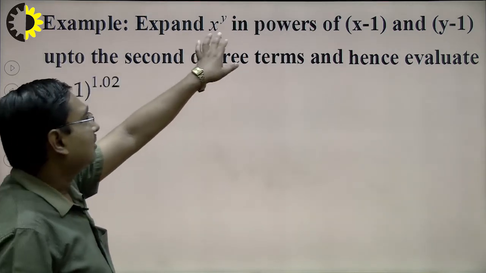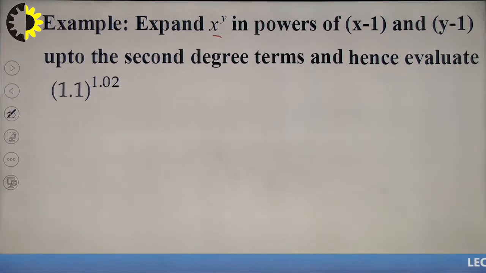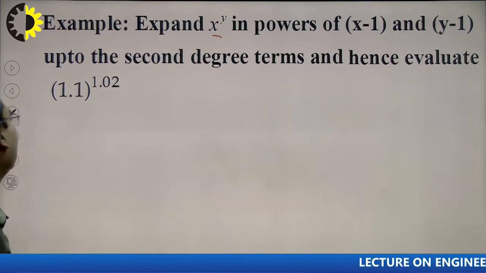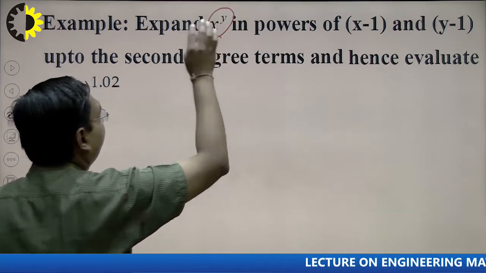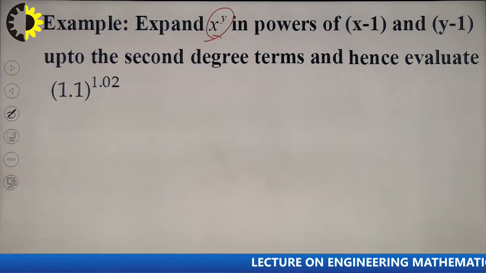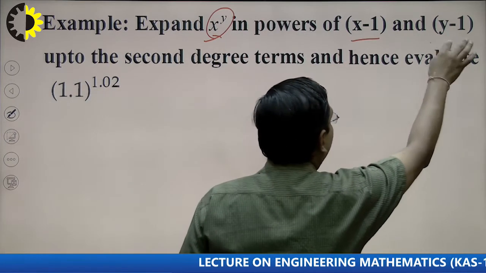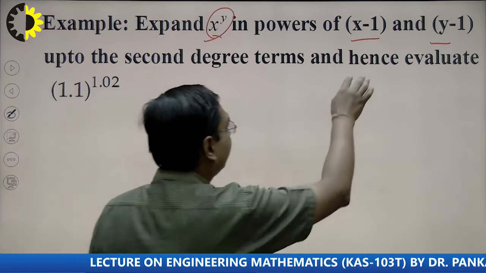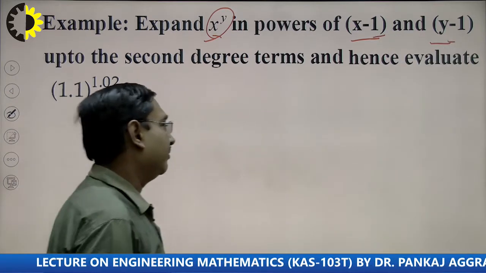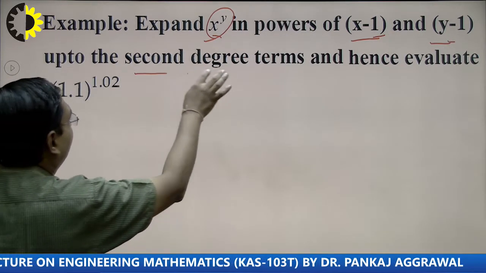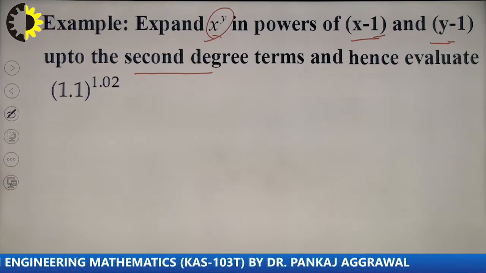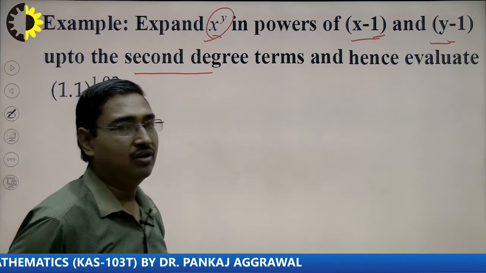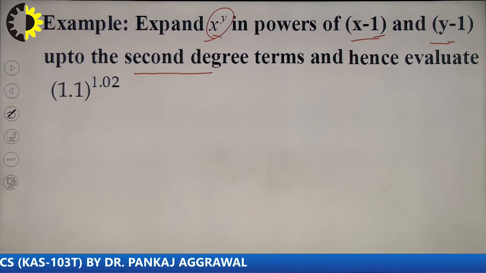To expand this function, we know that the expansion of this function is required, so this function will become f. The powers of x minus 1 and y minus 1 are needed, so this will give the values of a and b. Because we are looking for expansion up to second degree terms, it means all partial derivatives up to second order are to be calculated.